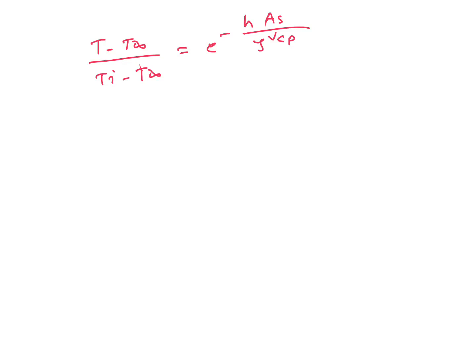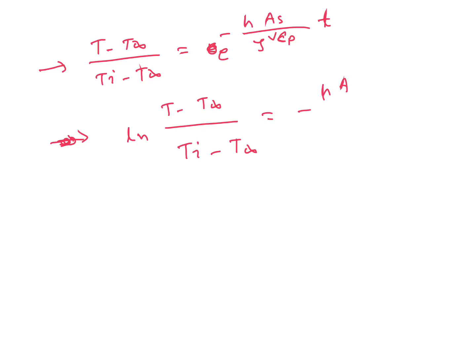The same we can write as ln of (T minus T infinity) divided by (Ti minus T infinity) equals minus h As divided by rho V Cp into t.